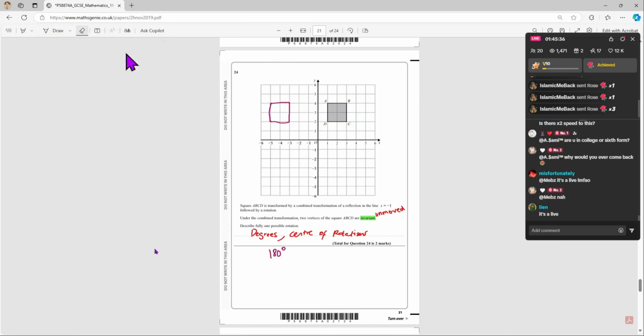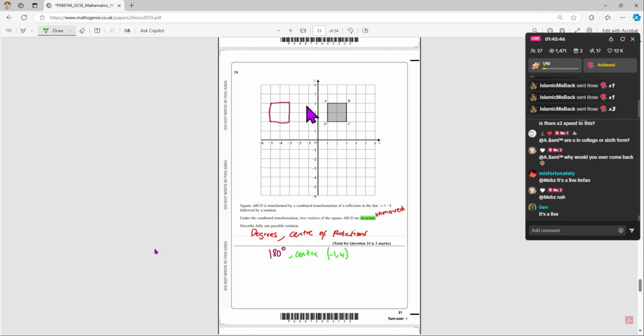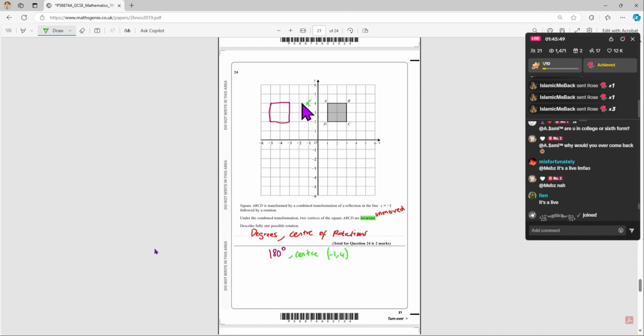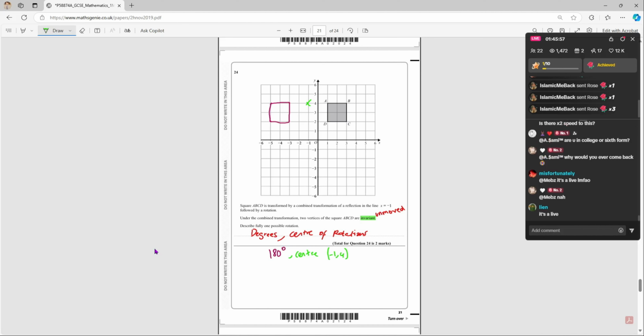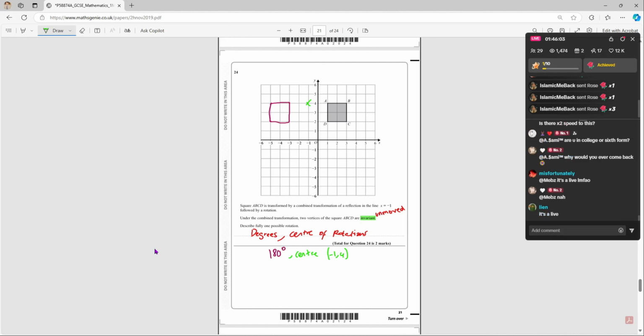So it's going to be 180 degrees and the center is going to be -1, 4. After your long trial and error using a scaling paper, it's going to be this one over here. That's going to be the center of rotation.